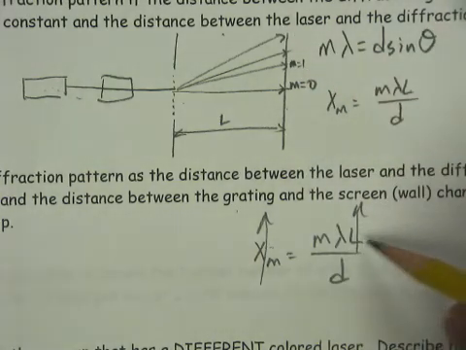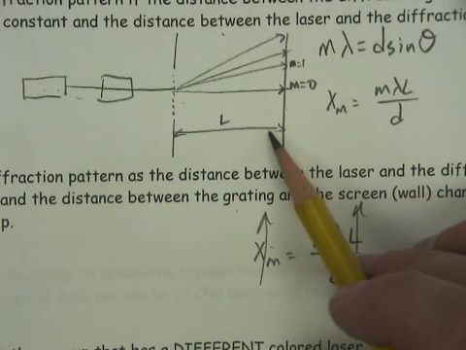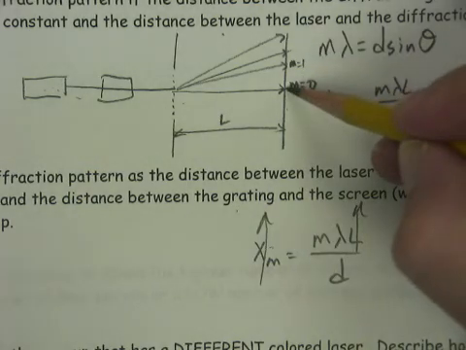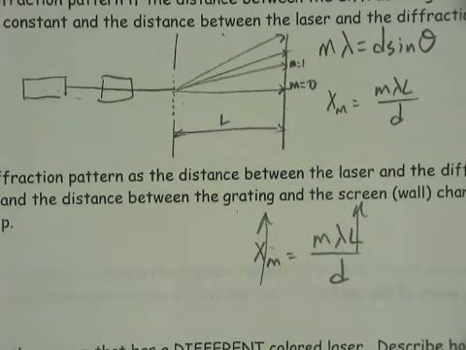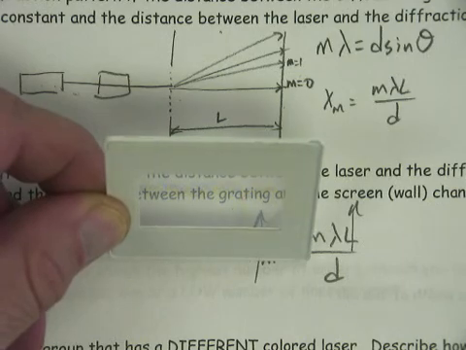So if the distance between the grating and the screen increases, then the distance from m equals 0 to m equals 1 is going to go up. And I think I can demonstrate that. You actually did it on Friday when you had the diffraction gratings in your hands. I'll see if this actually works here.